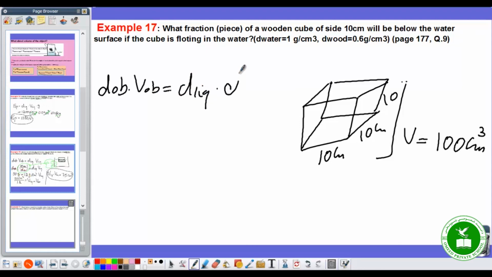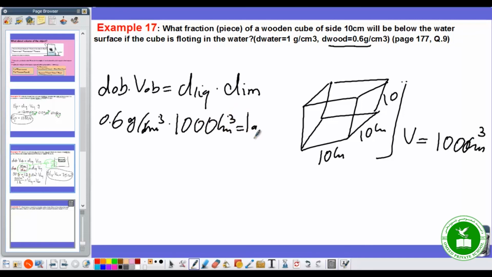Again using the formula, density of object into volume of object is equal to density of liquid into volume of displaced liquid. Density of object is given, 0.6 gram per centimeter cube, into volume of object, which is 1000 centimeter cube, equal to density of liquid 1 gram per centimeter cube into V immersed.